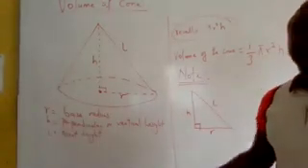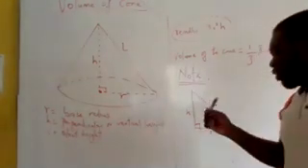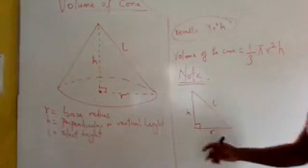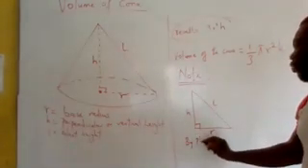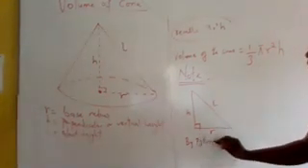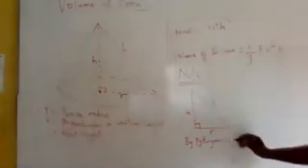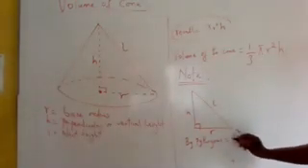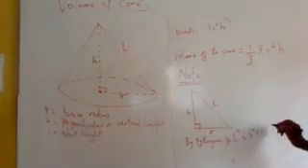You can use your Pythagoras theorem. So if you are to use Pythagoras, this is going to be L squared is equal to H squared plus R squared.